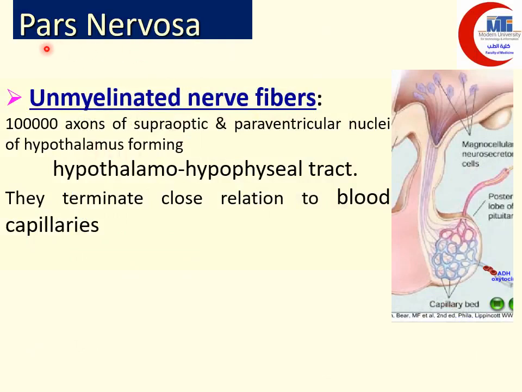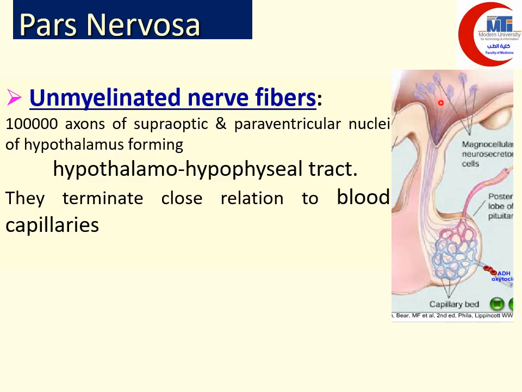What are the structures present in pars nervosa? The main structure in pars nervosa is the unmyelinated nerve fibers. These nerve fibers are the axons of the supraoptic and paraventricular nuclei of the hypothalamus.